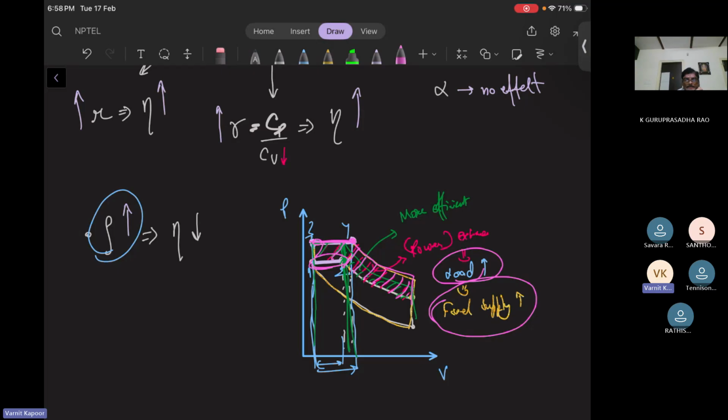Efficiency of my system is decreasing. Whereas if the ratio from 1 to 2 or 3 to 4 would have been the same, then my engine efficiency would be better. That's what engineers try to do. Is it clear, sir? I hope I was able to explain.